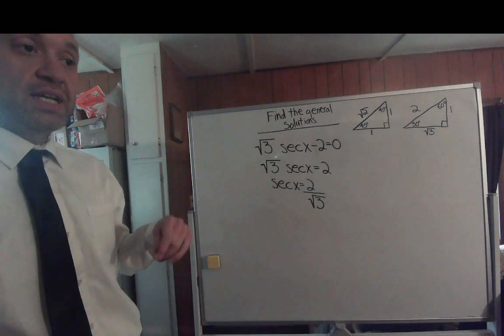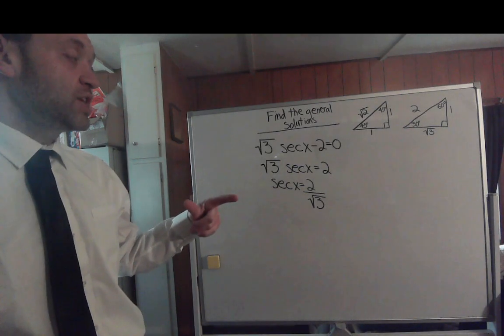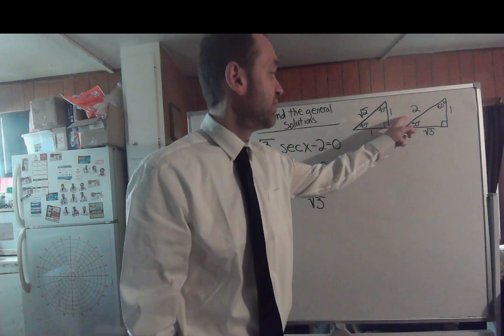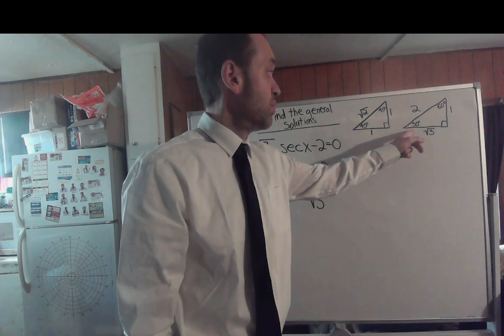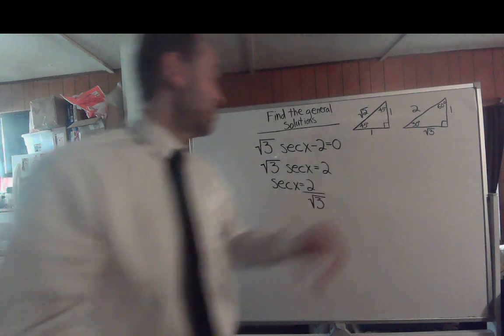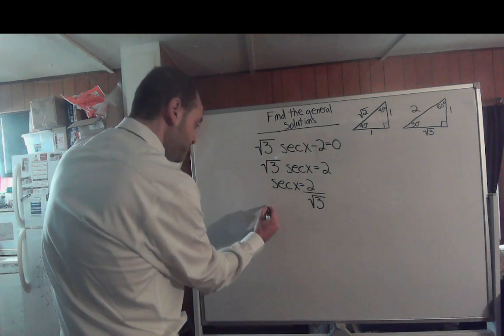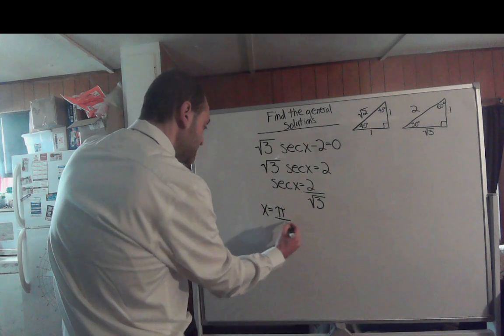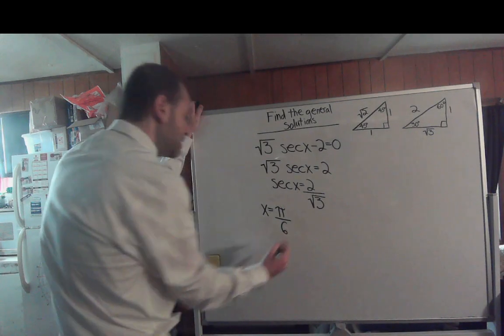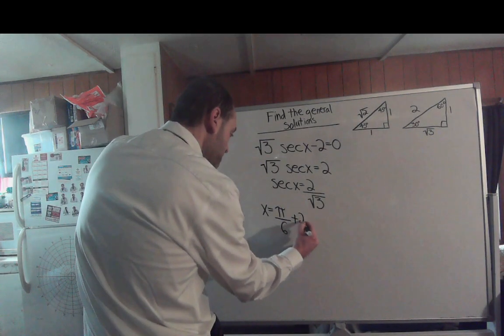So secant is hypotenuse over adjacent. That's going to be based off of a 30-degree angle, which in the first quadrant is pi over 6. So you'll get that x equals pi over 6 plus 2n pi.